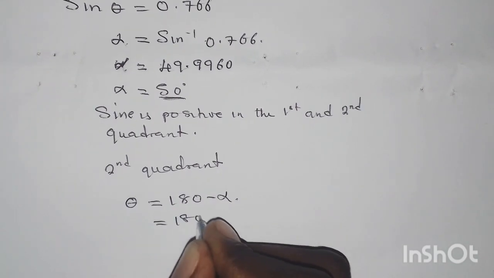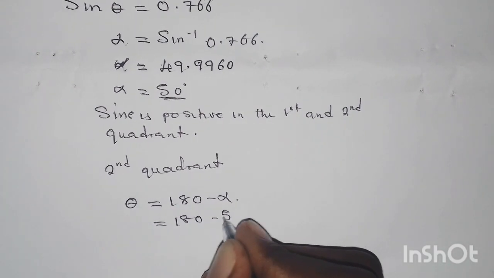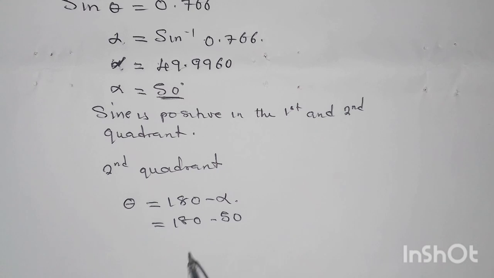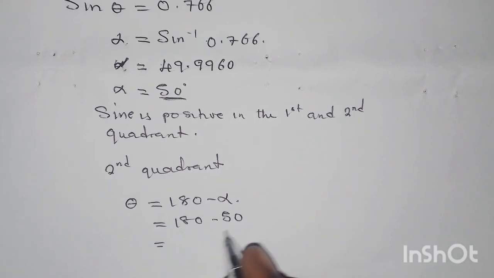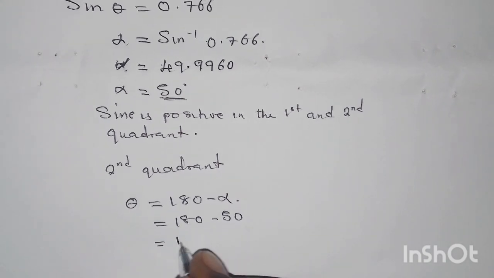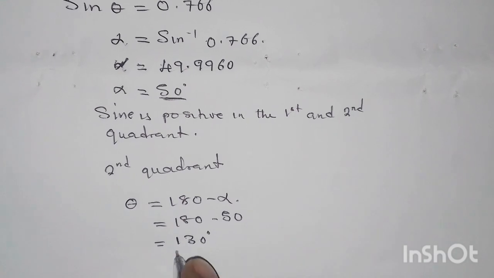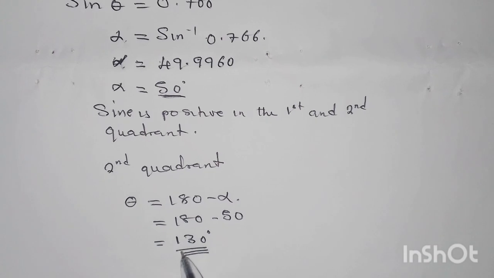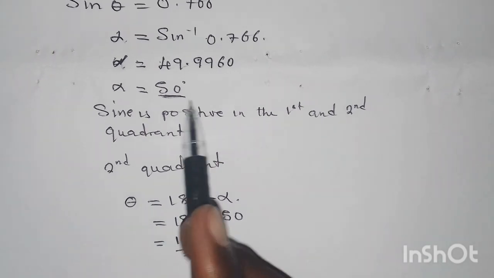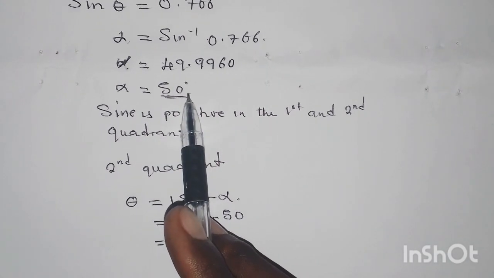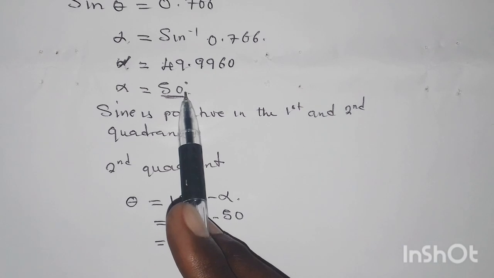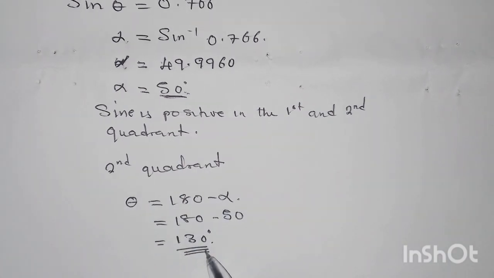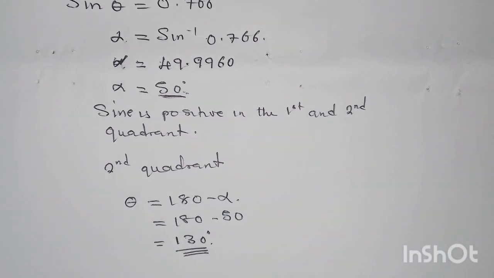So you say 180 minus our reference angle, which is 50. 180 minus 50 gives us 130 degrees. So these are your possible answers for question number one: 50 degrees for the first quadrant, and 130 degrees for the second quadrant.